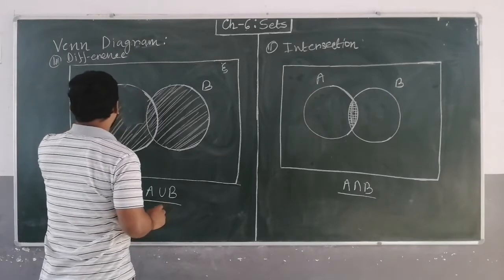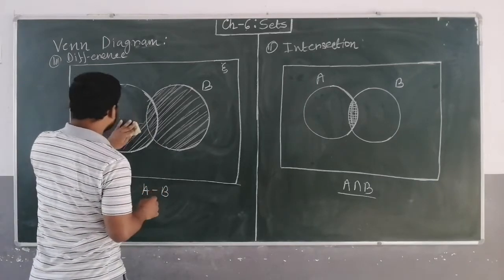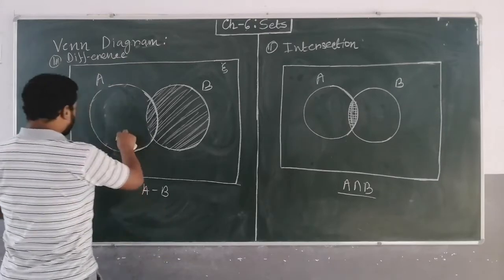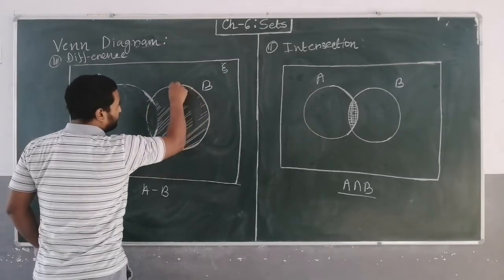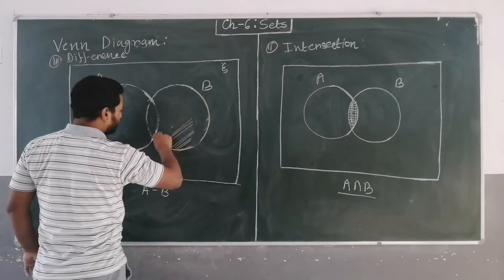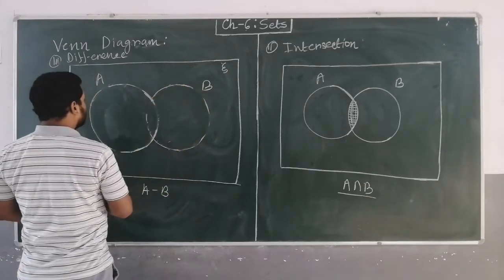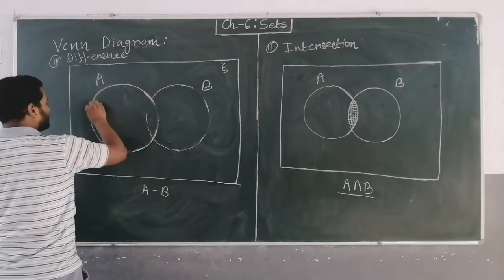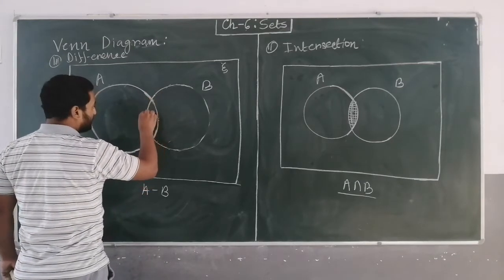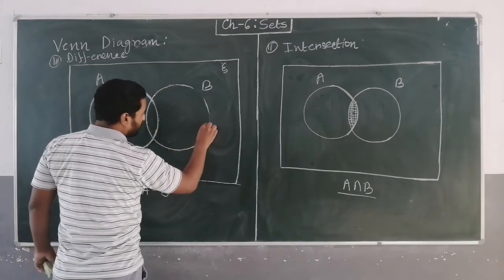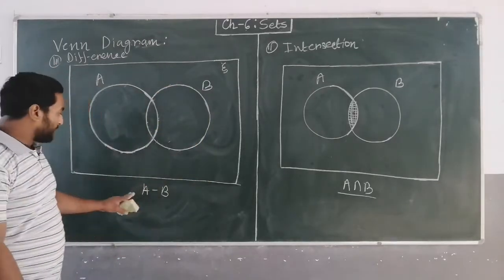Difference of A and B means you have to represent A minus B. First we are representing A minus B, then we will represent B minus A. So these two sets are there, A and B. We have to represent A minus B.